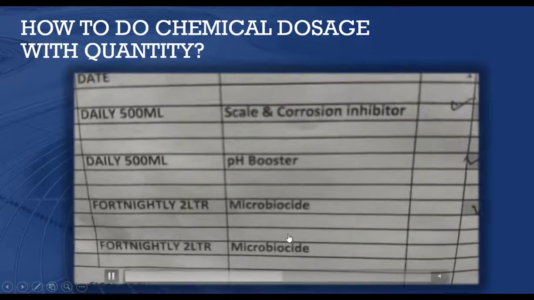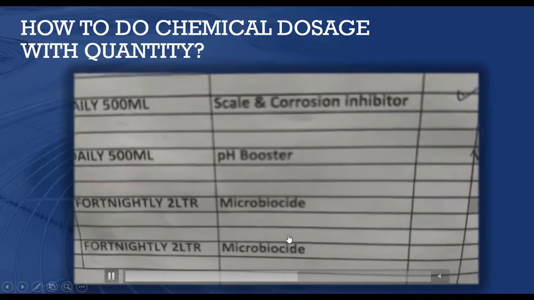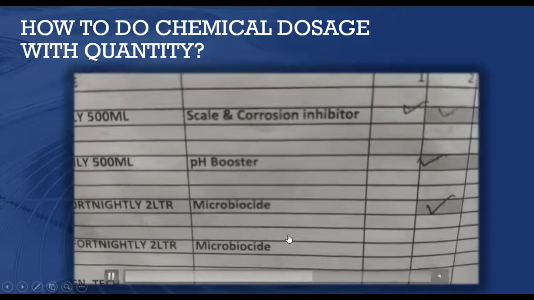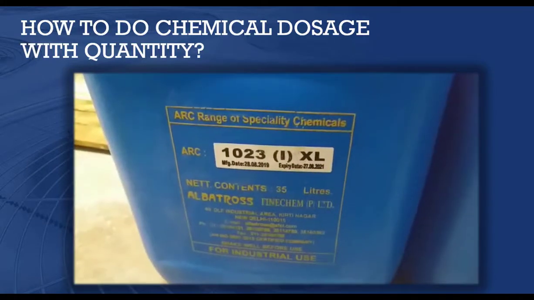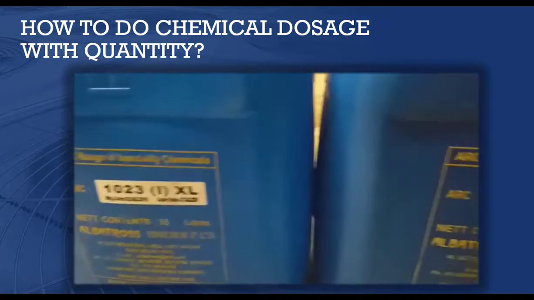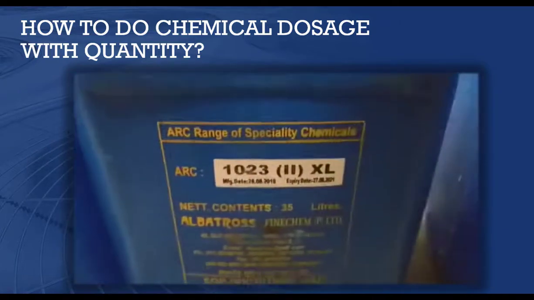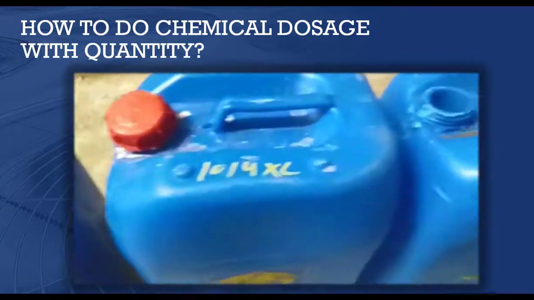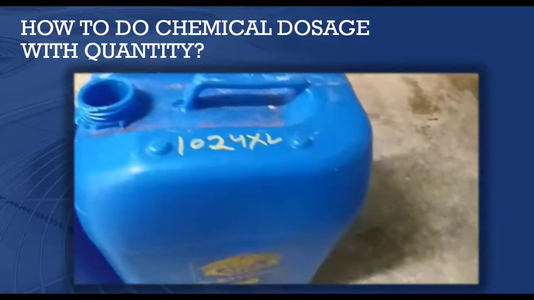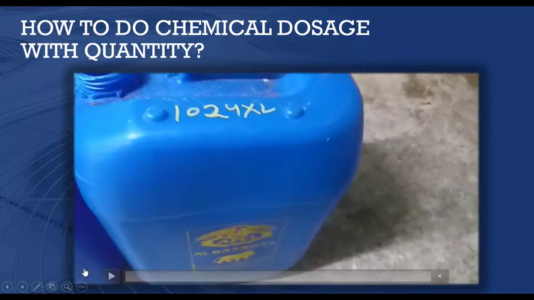The water treatment is very important for the cooling tower and the health of the chiller. There are different chemicals available in the market. You have to choose based on the quality of your water. Also ensure the OEM recommendation.